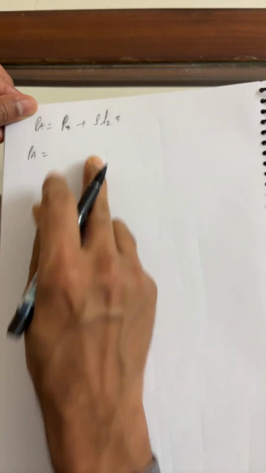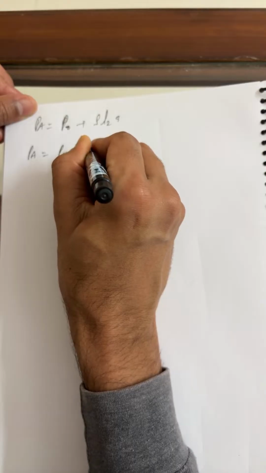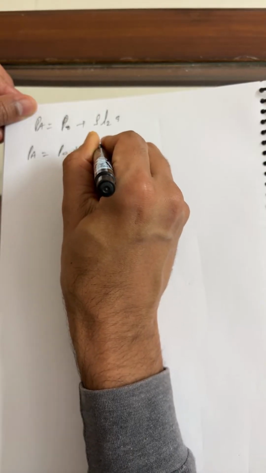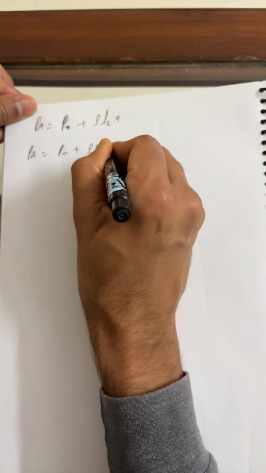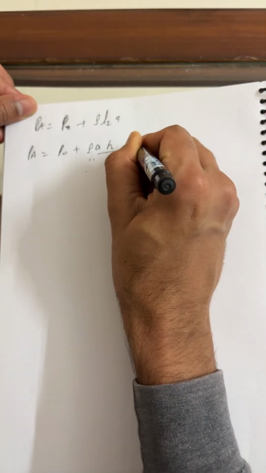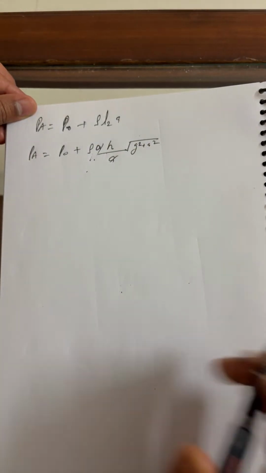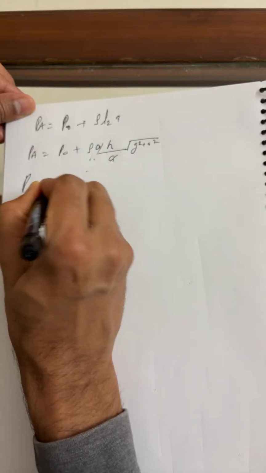So pressure at A due to L2 already found. So this is P naught plus rho, this is a h upon a into g, this is g square plus a square. You can see a and a finish, my dear. So you will get pressure at point A.